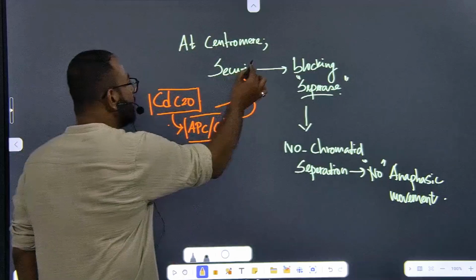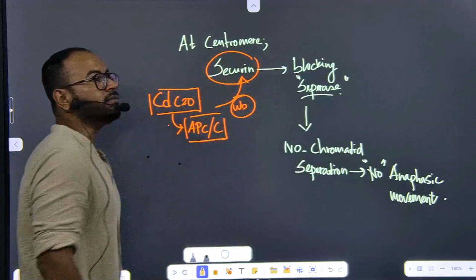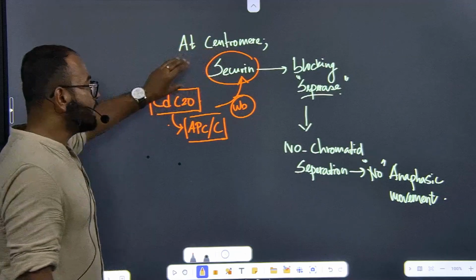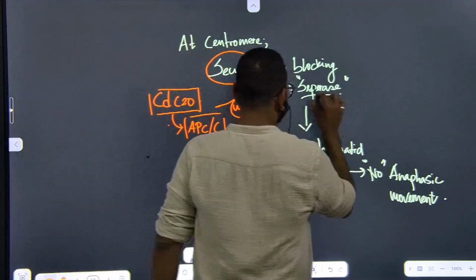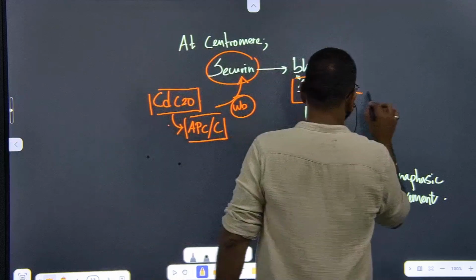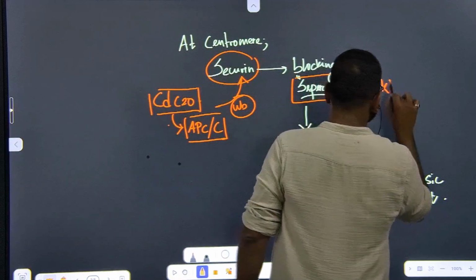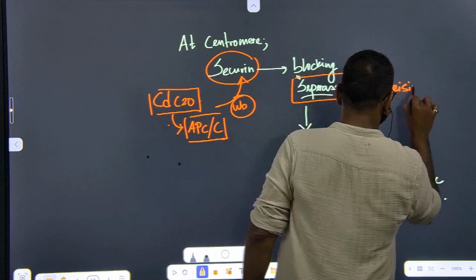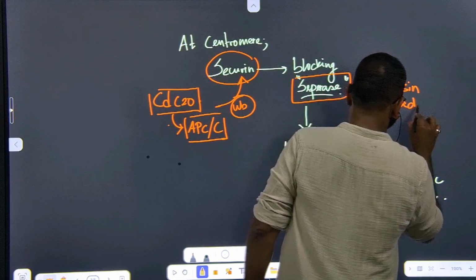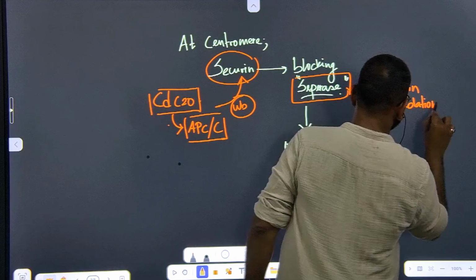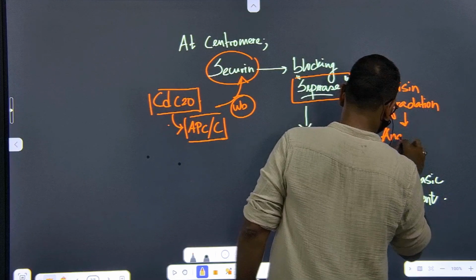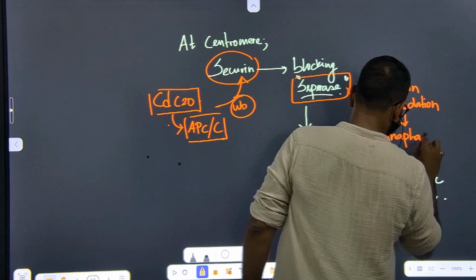And if securin is ubiquitinated, separase becomes free. And if separase is free, that will lead to glycine degradation. And if glycine gets degraded, then that will lead to anaphasic movement of chromatids.